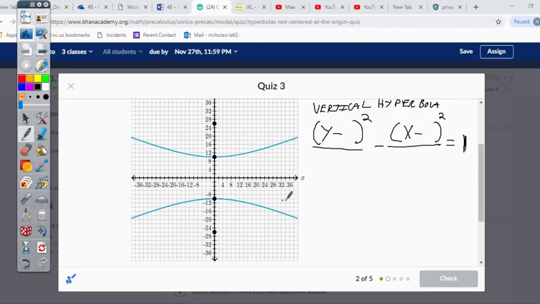Now, I also see that we have our vertices, okay, at 0, 10, and 0, negative 10.